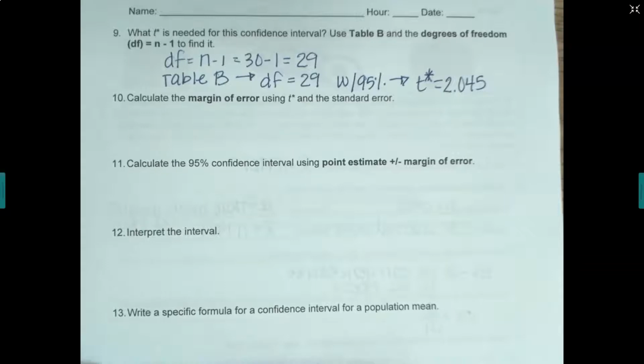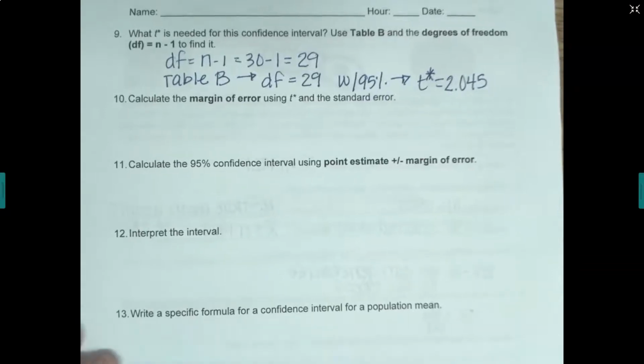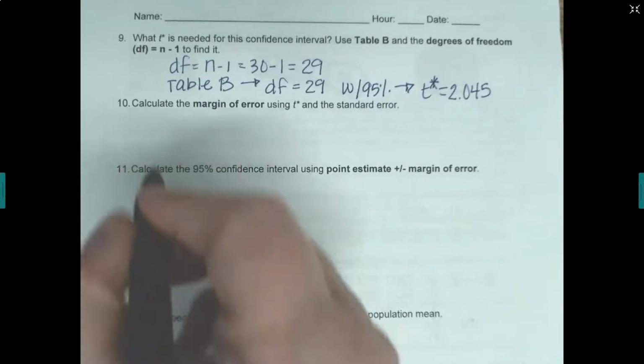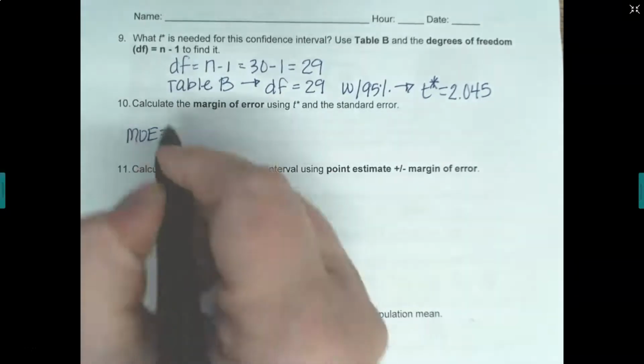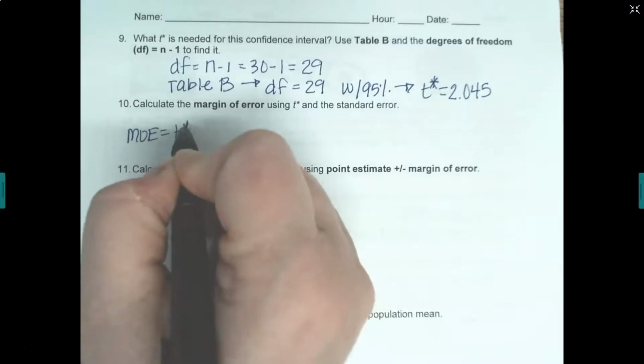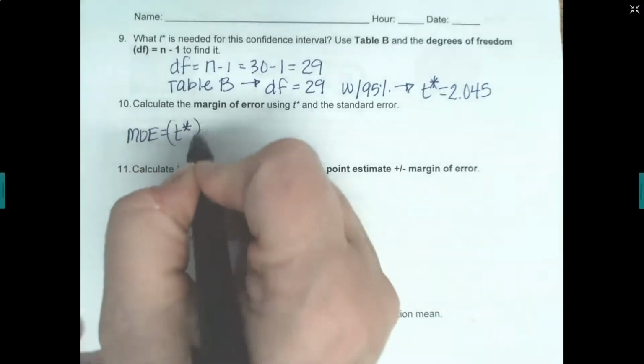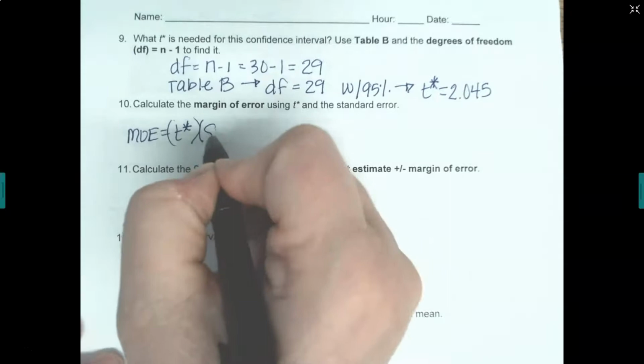All right, so we're going to calculate the margin of error using our critical value and our standard error. So remember, your margin of error equals t-star times your standard error.